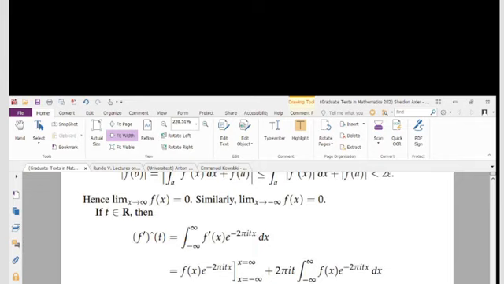And this is equal to this. This holds by the integral by parts.